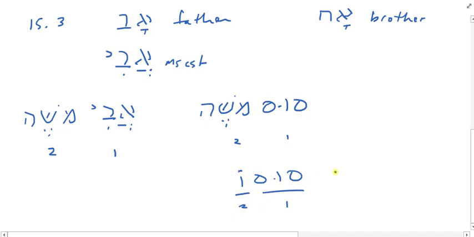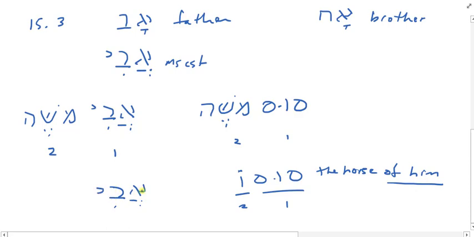So this is the horse of him, right? My pronoun is my genitive noun, as it were, my absolute in the construct chain. Well, that's what we're going to have when we want to say something like his father, okay? We're going to take the construct form of av, which is avi, and then we're going to add pronouns to it. So let's take avi, and look at what we have.